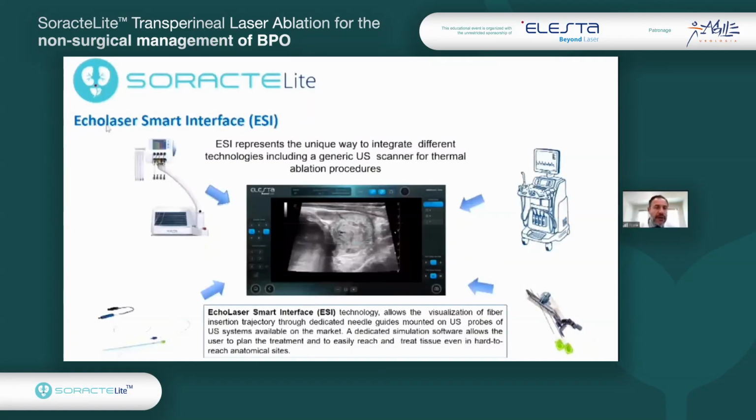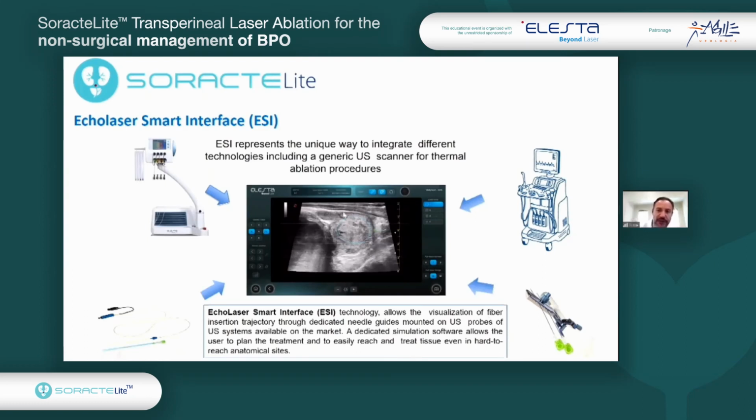We can also use the EchoLaser Smart Interface, which represents the unique way to integrate different technologies, including a generic ultrasound linear probe scanner for thermal ablation procedures. And this very nice system allows the visualization of the fiber insertion trajectory through dedicated needle guides mounted on the ultrasound probe, as you can see in this image.